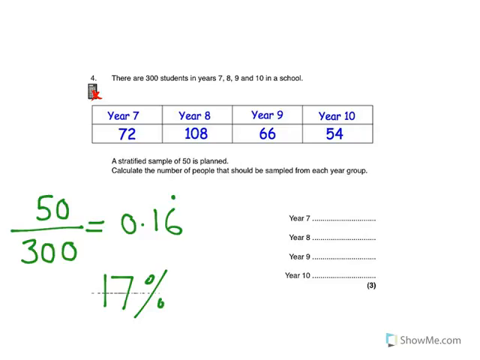So I need then 17% of the year 7s, 17% of the year 8s, and so on. So how am I going to calculate 17% of those year 7 students?